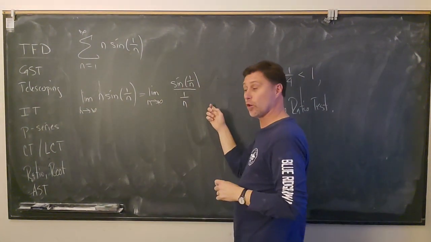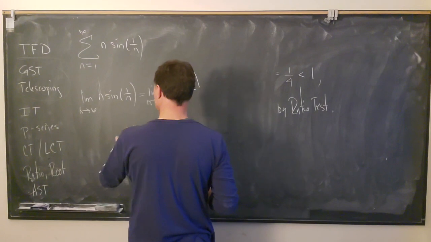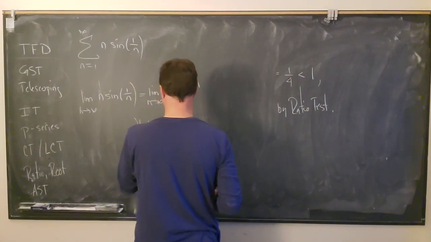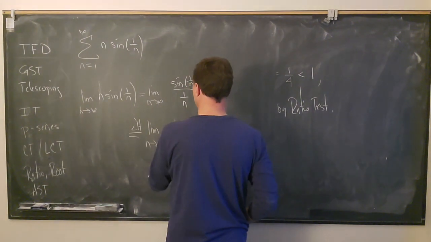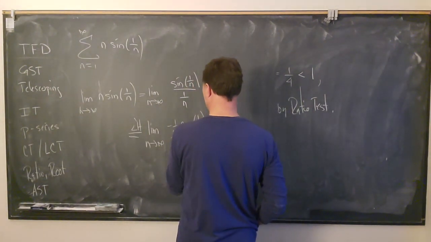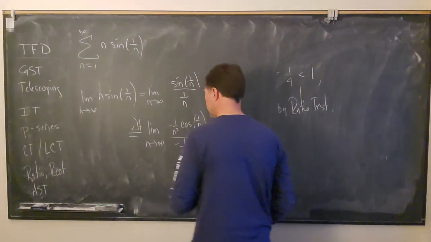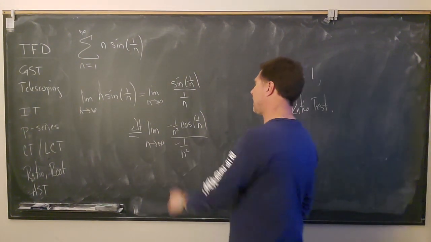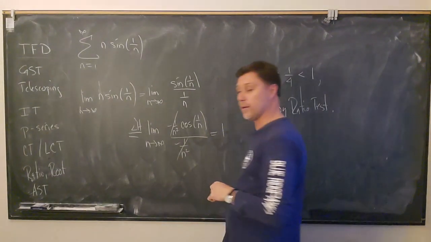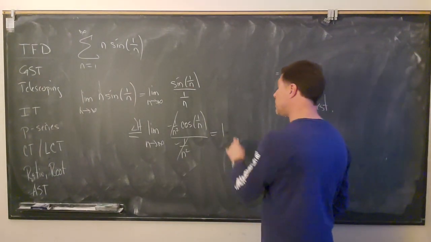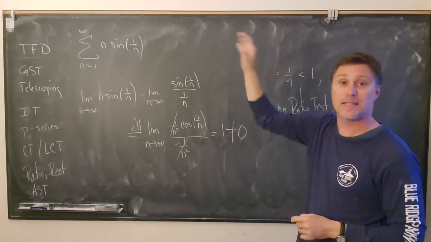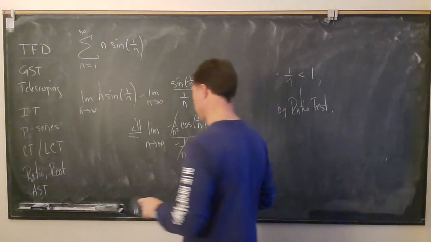Now this is 0 over 0, which means I can apply L'Hopital's rule. And we'll get a negative 1 over n squared cosine 1 over n divided by negative 1 over n squared. Cancel the negative 1 over n squareds, and what we get is a limit of 1, which is not equal to 0. And so what does that tell us? It tells us that the series diverges by test for divergence.